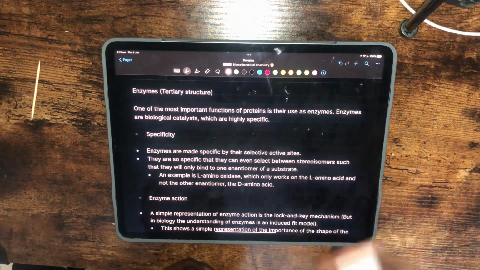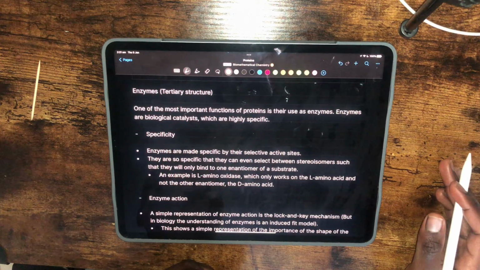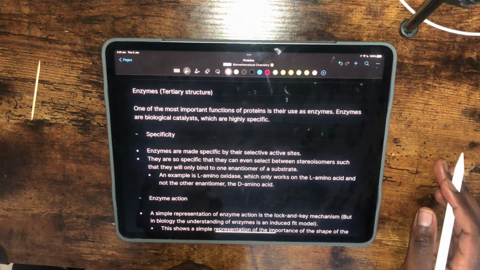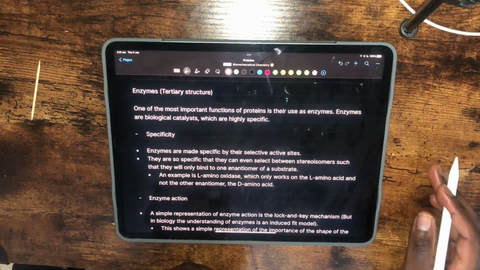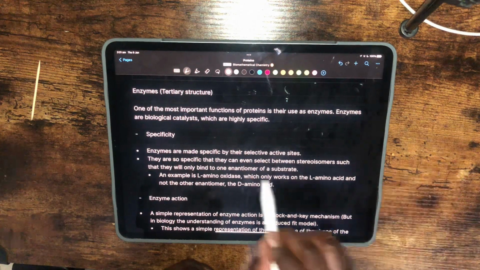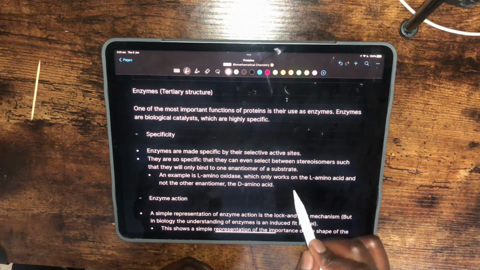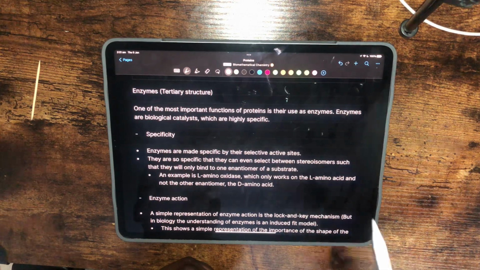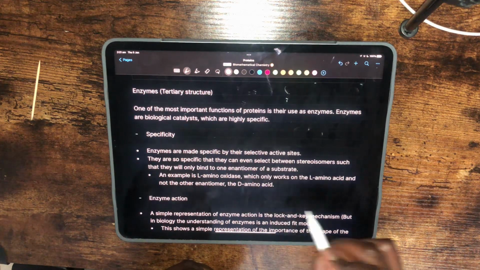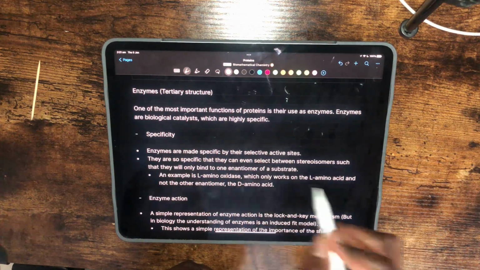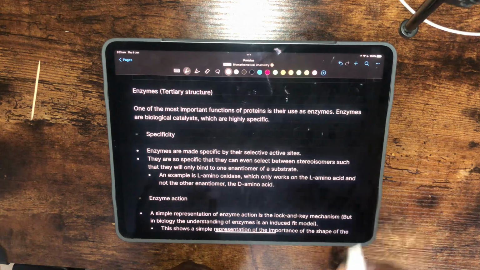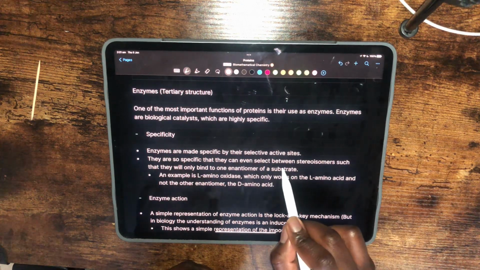People that don't specialize too much in biology should know about active sites at least. Enzymes are made specific by their selective active sites, and the active site on an enzyme has a specific tertiary structure that is complementary to the substrate.